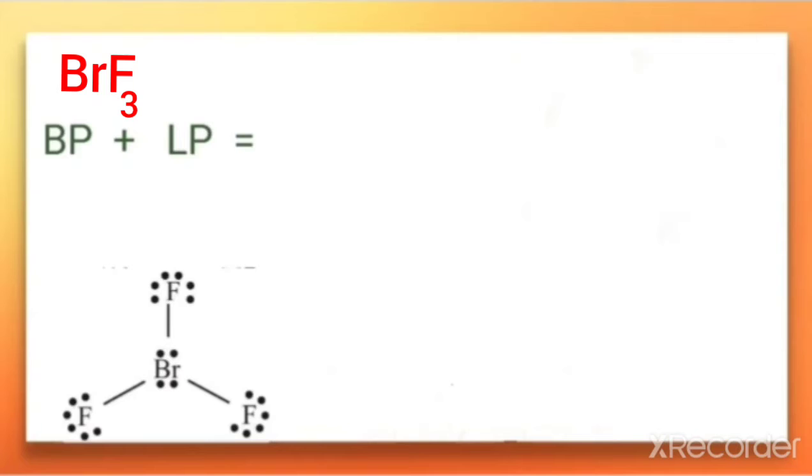So Bp represents the bond pair, Lp represents the lone pair. For the central atom Br, the number of Bp and Lp is 3 plus 2, where 3 is the bond pair and 2 is the lone pair, so the sum is equal to 5.